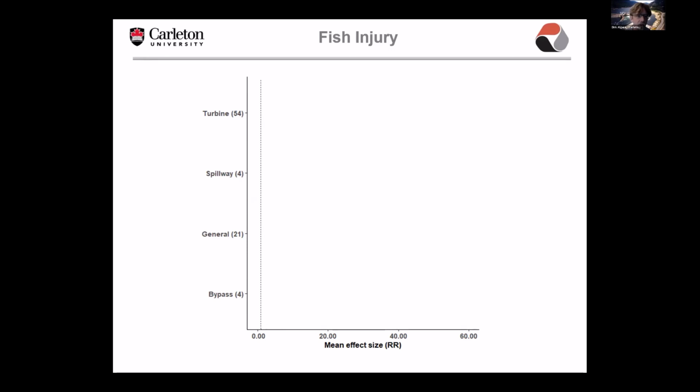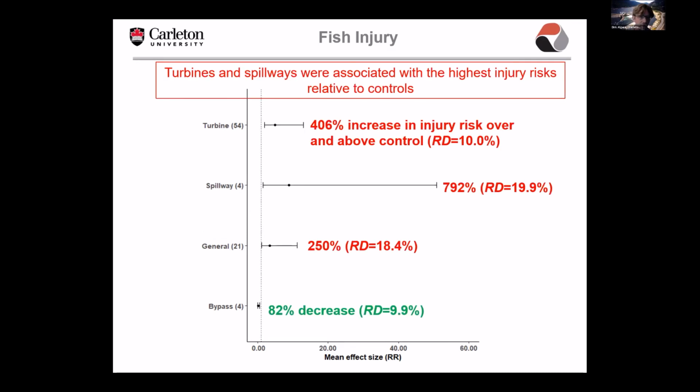The dotted line represents a line of no effect, and in a risk ratio, it is set to 1. So anything to the right of this line is an increase in risk, and to the left is a decrease in risk.